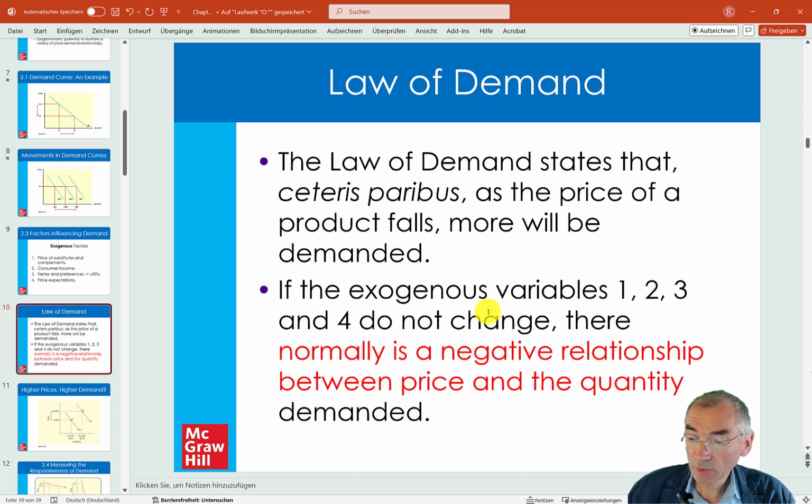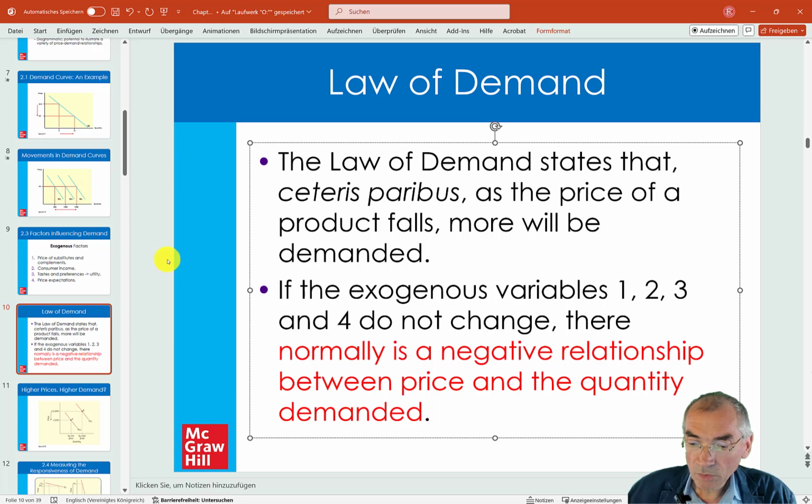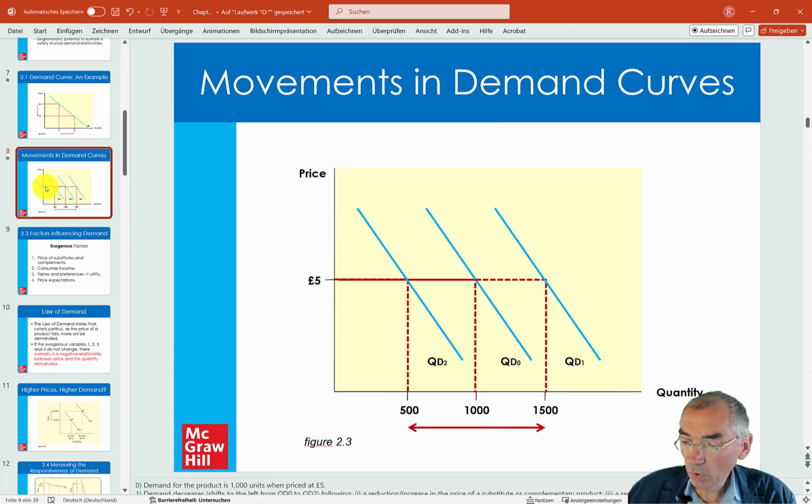If the exogenous variables 1, 2, 3, 4 do not change, ceteris paribus, then there is a negative relation between price and the quantity demanded. Also the relations here, movement of the demand curve: there might be a movement to the left, there might be a movement to the right. You find it in the book at figure 3.2, and more explanation about this, of course. You find the text there in order to be able to prepare to work on this.